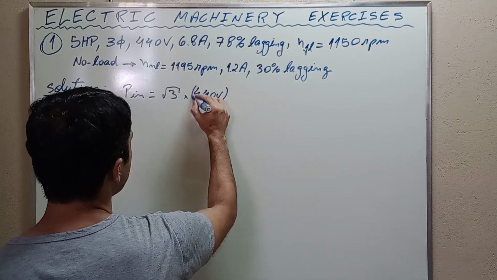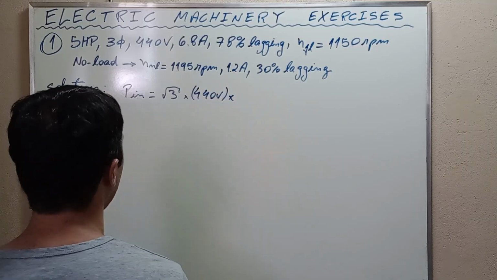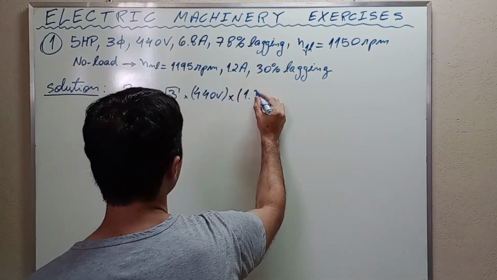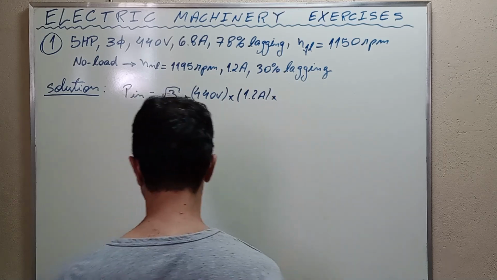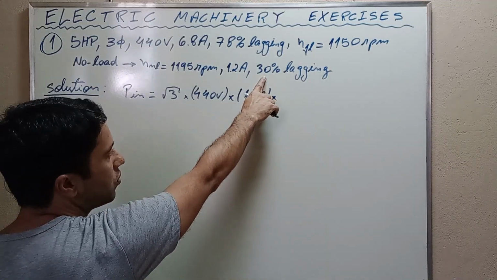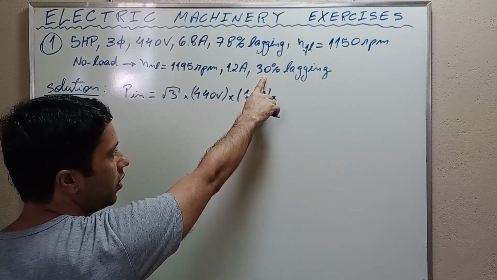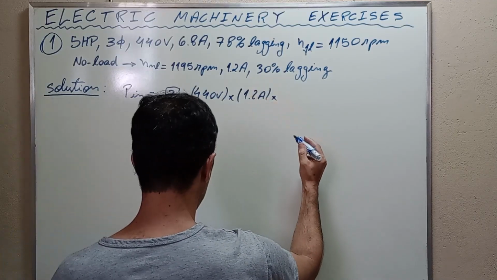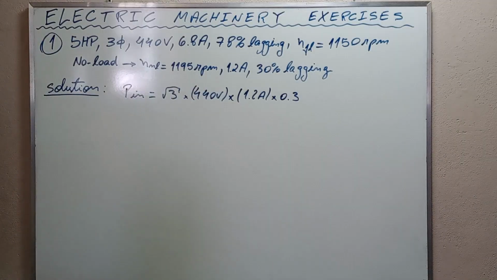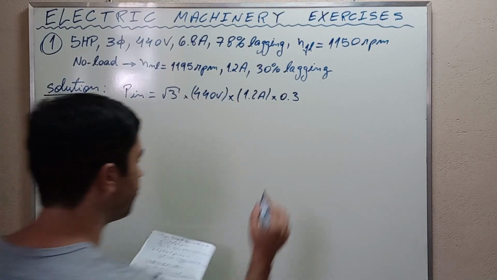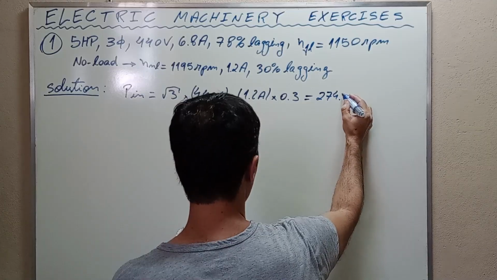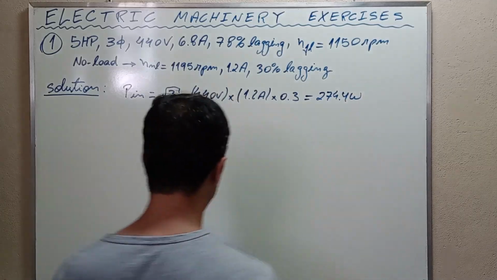440 volts times the current at no load, 1.2 amps times the cosine of the angle. The exercise said that the power factor at no load is 30% lagging, then the power factor is 0.3. Then the input power under no load conditions is 274.4 watts.